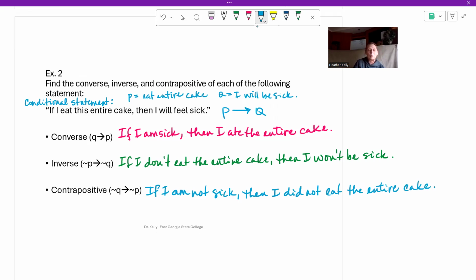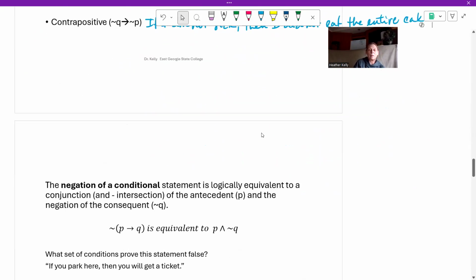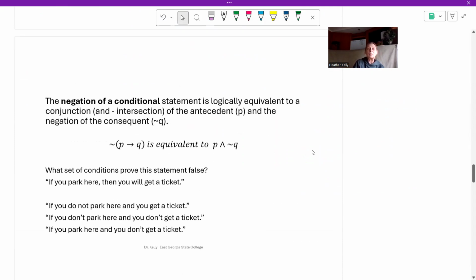Okay? All right. Now, there's the negation of a conditional. Remember in the last lecture we talked about, I can't think of it. De Morgan's law. I was going to call it De Moivre's law, but that's somebody else in a different class. So De Morgan's law.